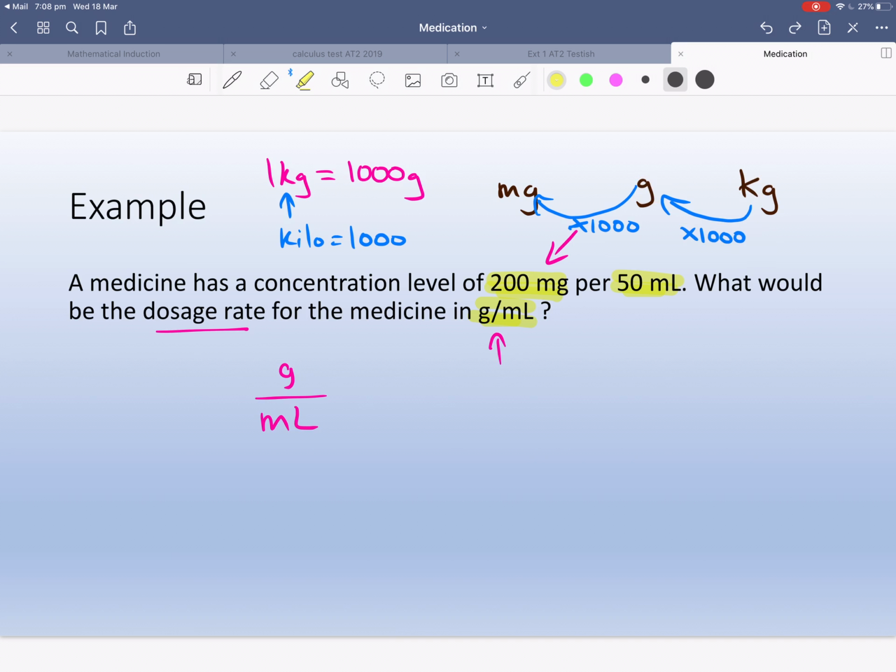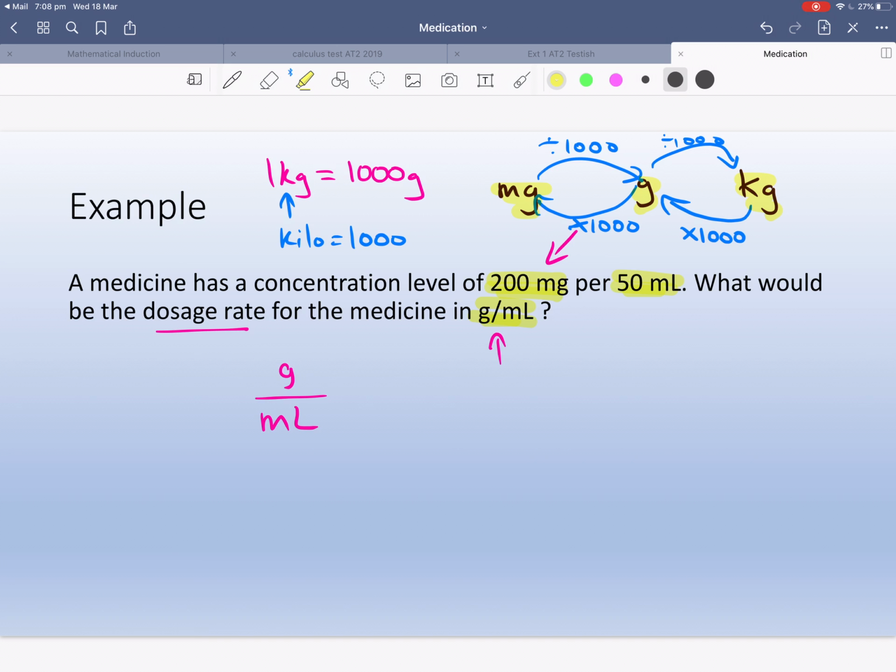Now, if that's the case, the opposite will be, what's the opposite of multiply 1,000? Divide by 1,000. I'm going to change my arrows a bit. Divided by 1,000. Hopefully you're able to replicate that for an exam because it'll become very important.